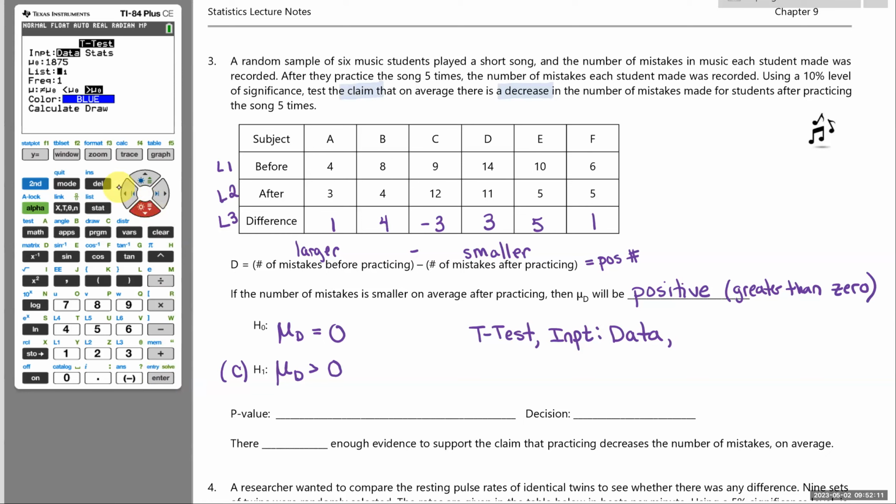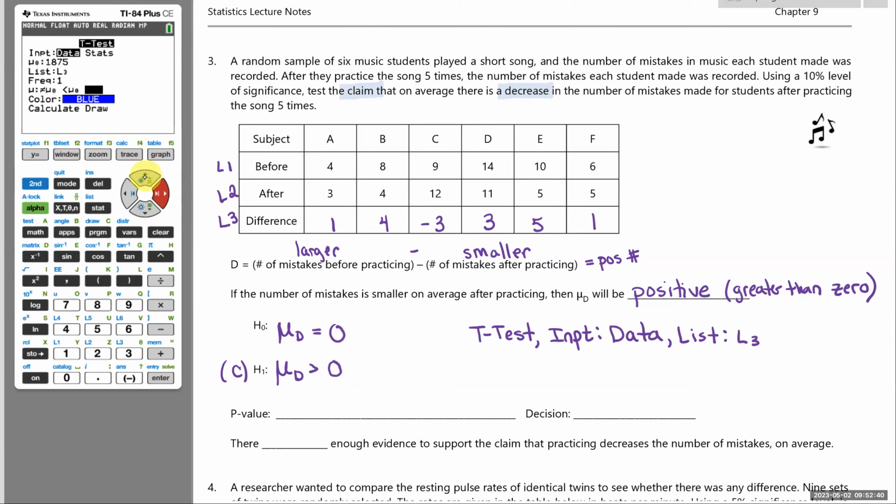And then for the list where we have our data, just make sure you switch that, if it doesn't say it already, to L3, our differences. So L3, all right, frequency always stays 1. And then the direction of the test, we want mu greater than our mu naught number.